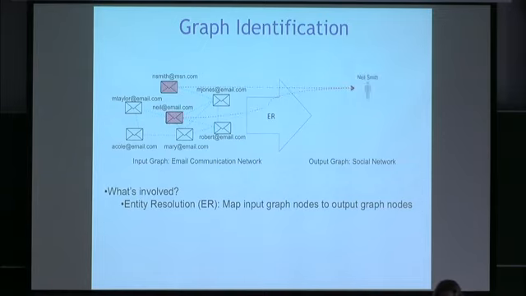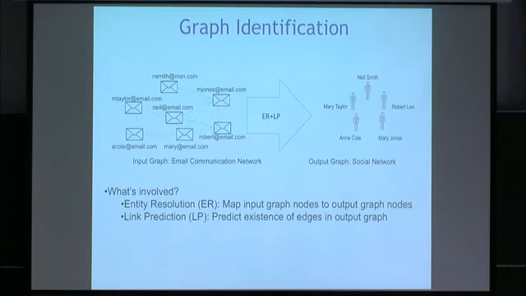So I want to map the email addresses to nodes in the graph. This generally goes by the name of entity resolution. In some parts of the community it has a bunch of other names. But mapping nodes to underlying units maybe is the right language, I'm not sure.